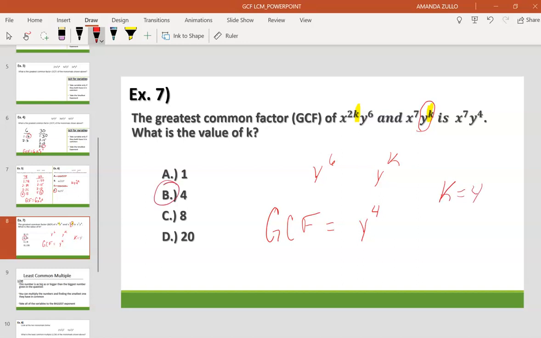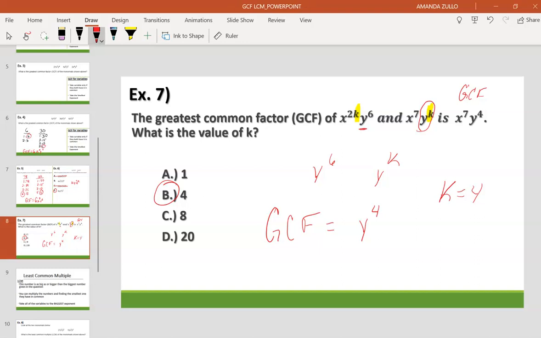So, to shorthand it, if you're given just 1 k, you look at your GCF. If this exponent is bigger than this exponent, then k is that number.